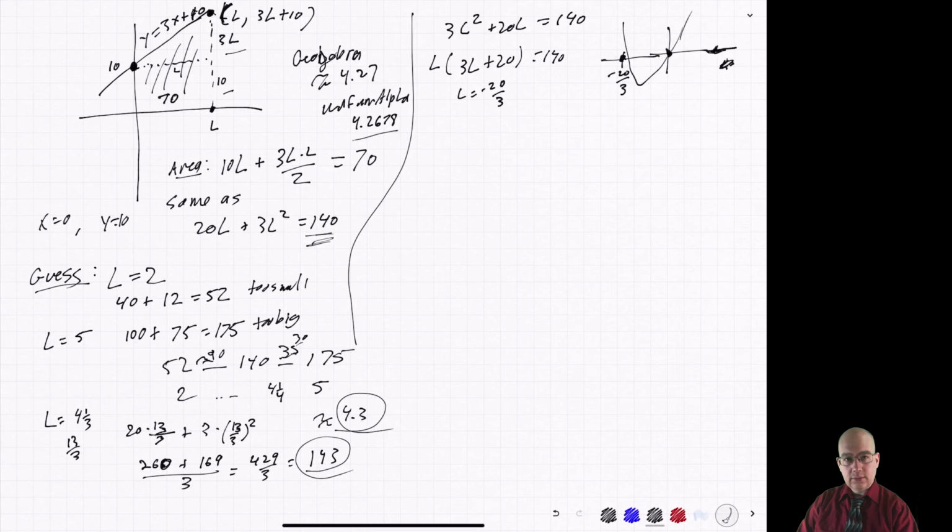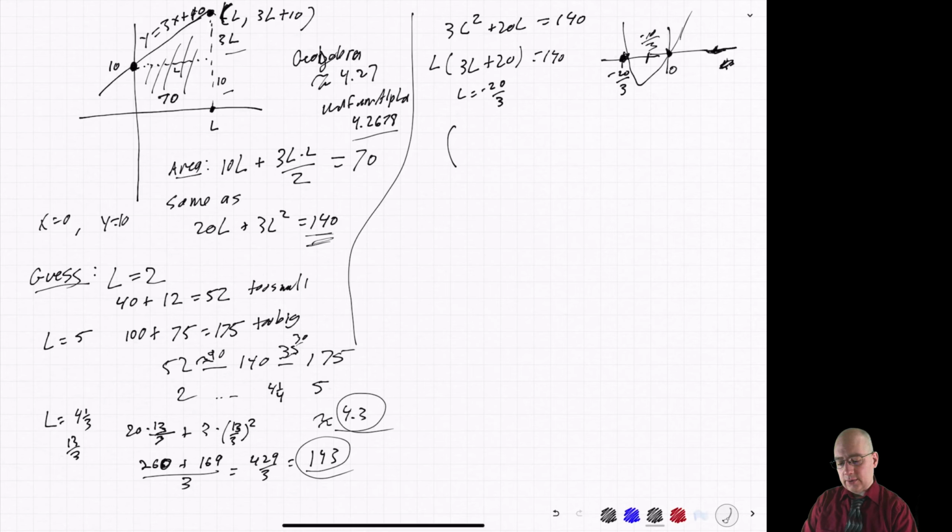back to the algebra here. I had just figured out that we've got this parabola here on the left-hand side. These are the two roots for that parabola, and halfway in between is going to be minus 10/3. So that is our vertex x location.